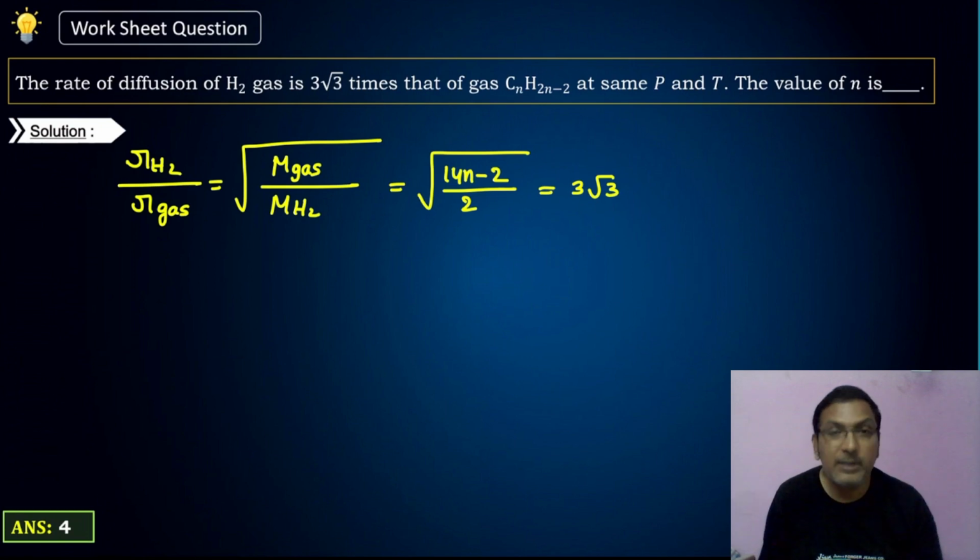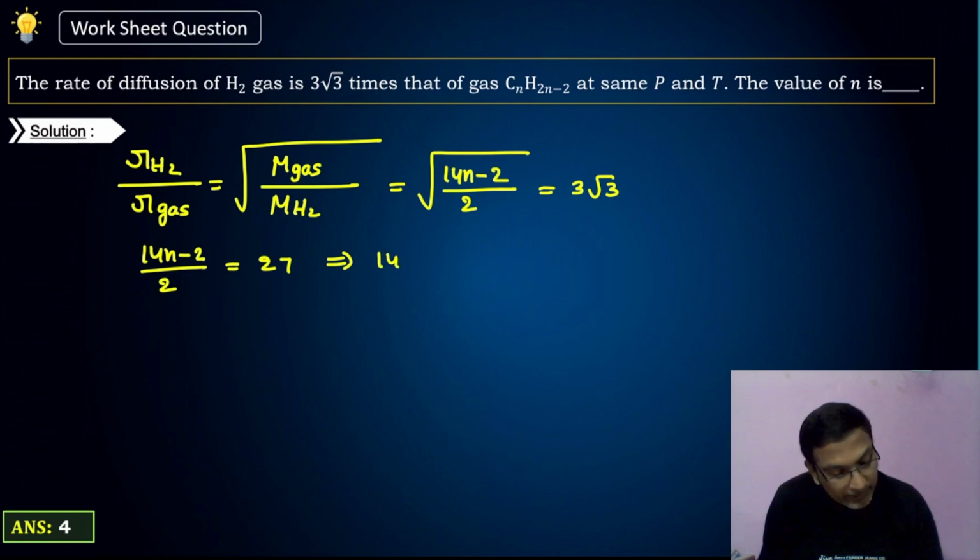Rate of diffusion of H2 is 3 root 3 times that of gas. So 14n minus 2 by 2 equal to squaring on both sides 27. So from this 14n minus 2 equal to 54 or 14n equal to 56.